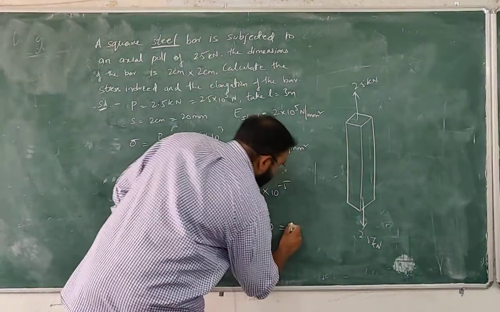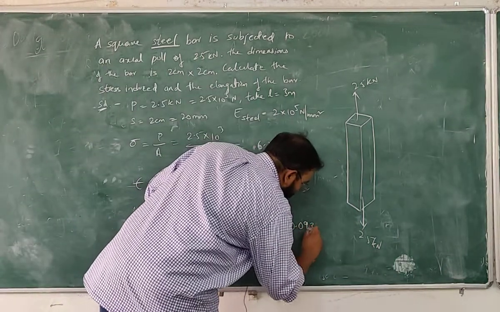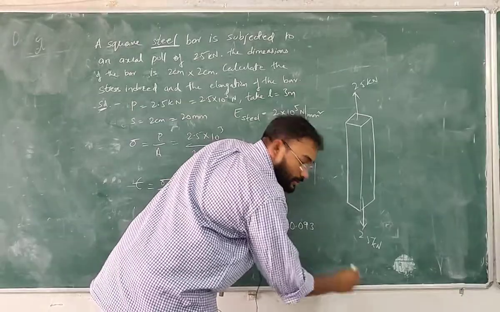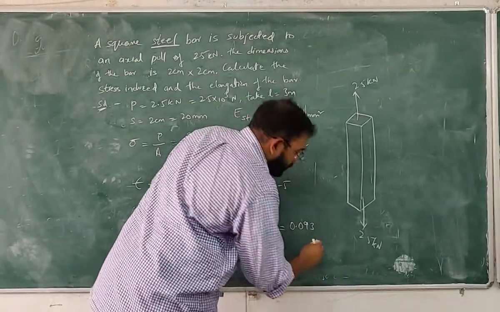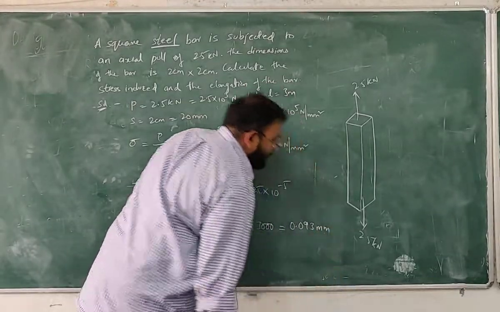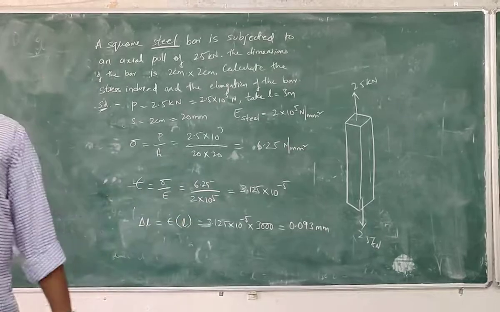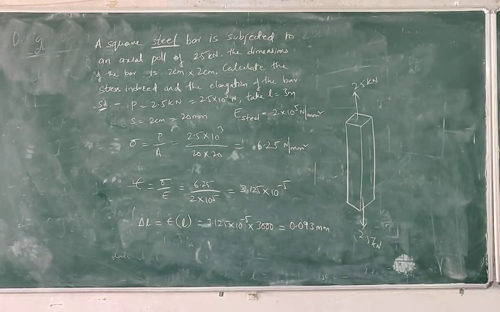This will be in millimeters. Clear? This type of easy problems are very important for part B, and this will not be asked for 10 marks, this will be there for 4 or 5 marks.